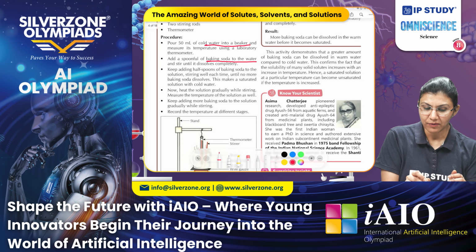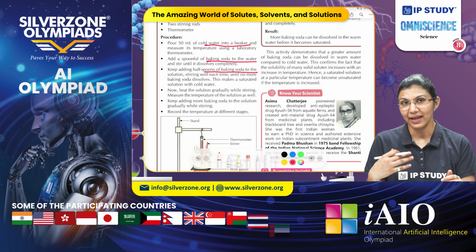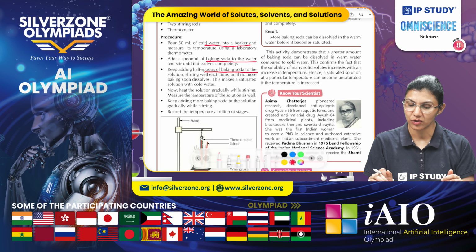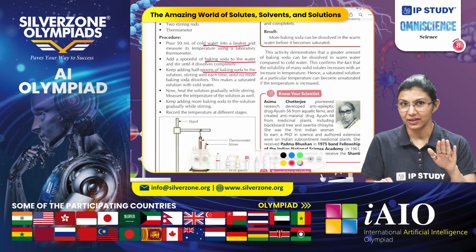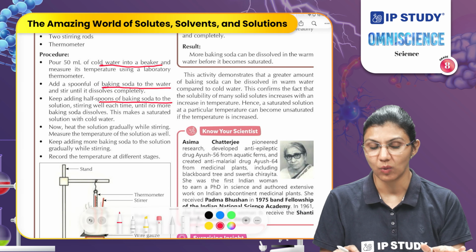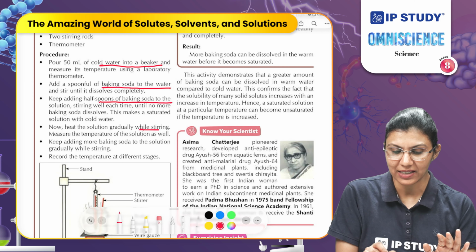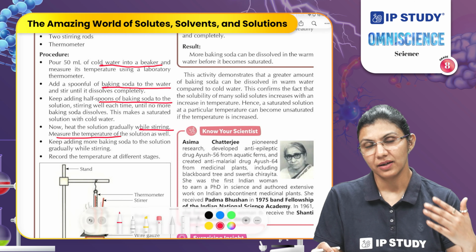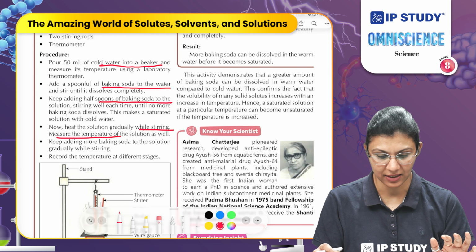Keep adding half a spoonful of baking soda to the solution and stir well every time you add the solute. This will make a saturated solution at room temperature, where we are taking cold water. Now heat the solution gradually while stirring and measure the temperature of the solution. Observe how the temperature is increasing.